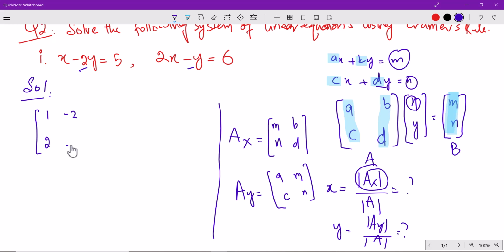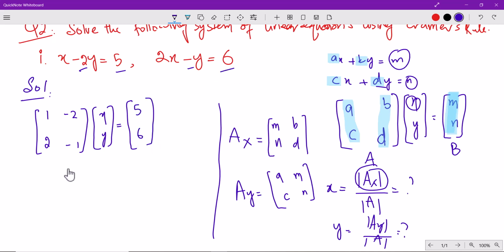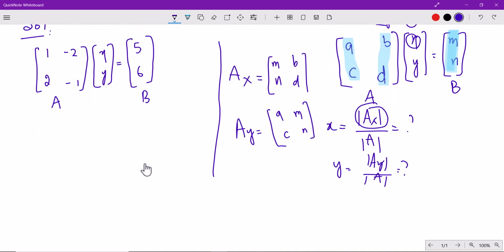The variables are x and y, equal to 5 and 6. Matrix A is 1, 2, minus 2 and minus 1. Matrix B is 5 and 6.